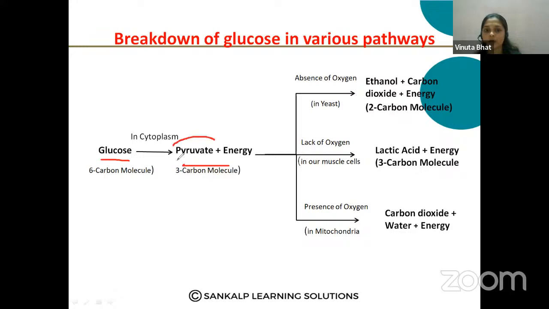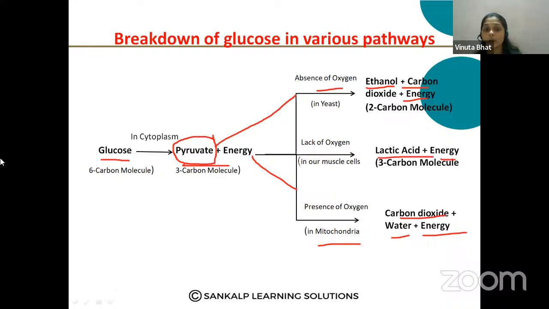Pyruvate is the 3 carbon molecule. And this is in the absence of the oxygen. In the yeast cell, ethanol, carbon dioxide and energy is formed. In the presence of the oxygen, see here, it is converted into carbon dioxide, water and energy in the mitochondria. So sometimes in our muscle cells, lactic acid and energy are released.